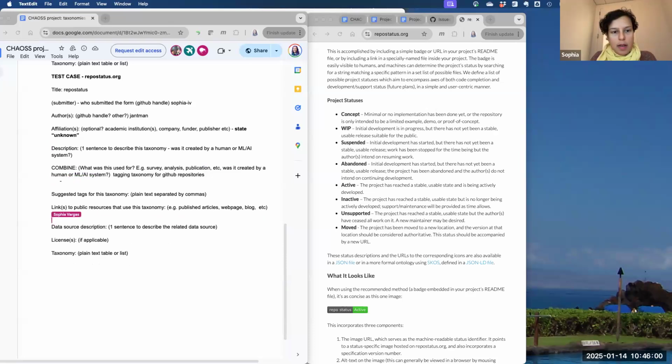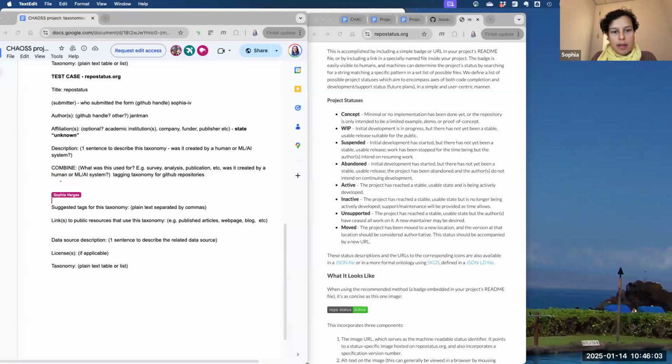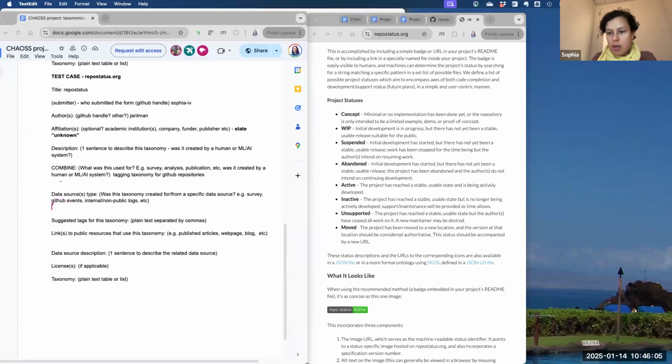I have that here, and I could bump that up. I had that as a separate thing, which was data source type. Nice. So in this case, that would be repo status. That's also going to be a very flexible thing. But I do agree having that as separate from the description of the thing and the description of the thing that it's describing.